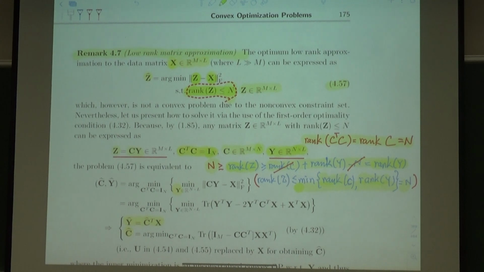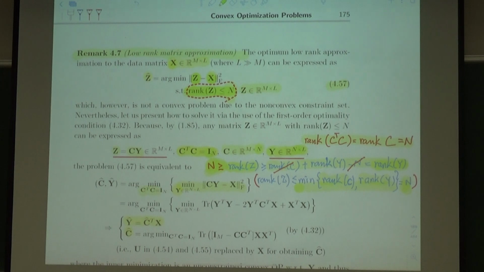Okay, so we end up with rank less than or equal to N. With this reformulation, Z disappears, and Y automatically has rank less than capital N. In other words, this rank constraint disappears. We just have this problem.